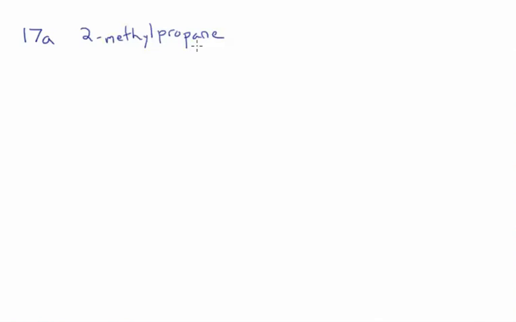A-N-E, ane, means it is a saturated hydrocarbon chain, all single bonds. And prop tells you it is 3 carbons in that saturated chain. The beginning part tells you that off of the second carbon is a methyl group. So that is our 2-methyl-propane.